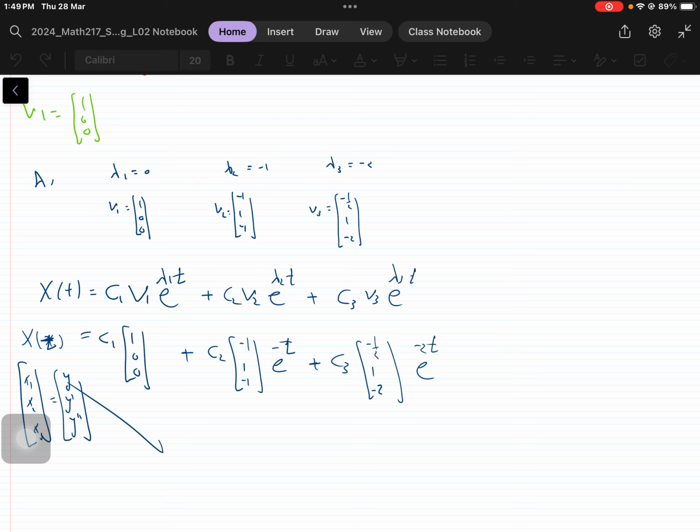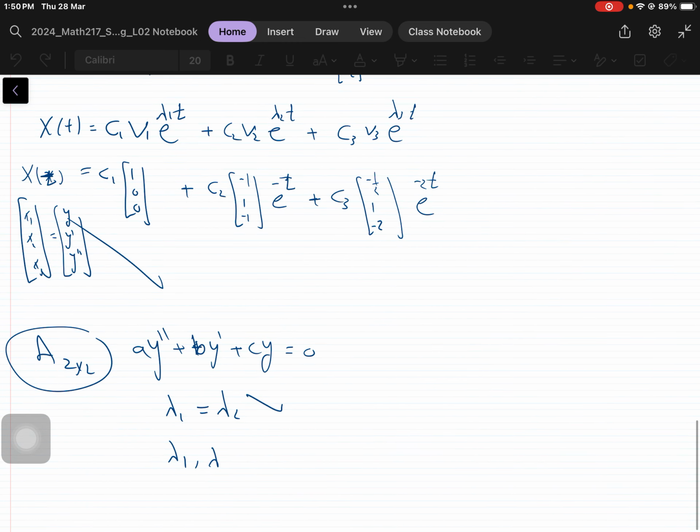So what's left really, which we're going to finish inshallah in the first lecture next week, is when A is 2 by 2, or a second order differential equation, but lambda 1 equals lambda 2, or lambda 1 and lambda 2 are complex.